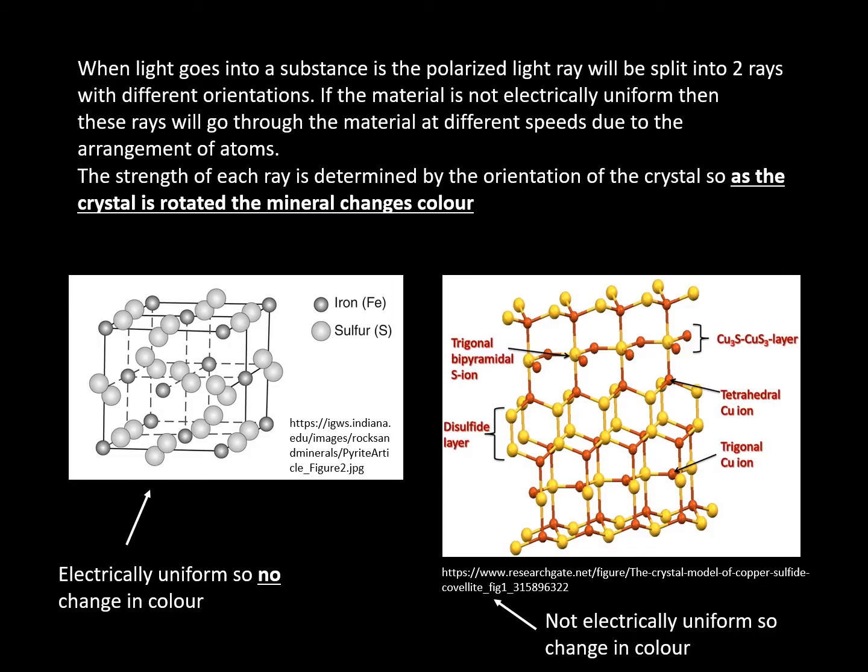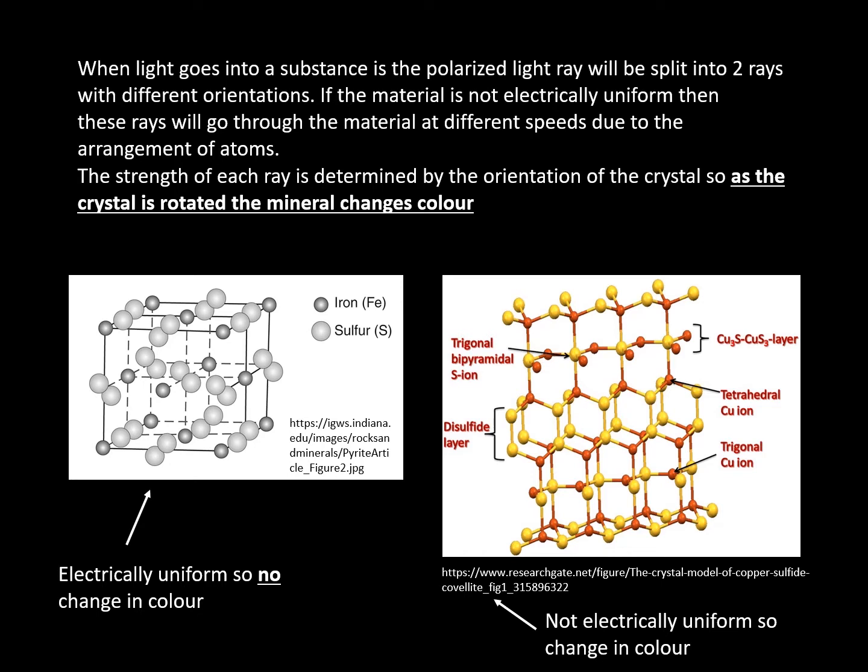When light goes into a substance, the polarized light will split into two rays with different orientations. And if the material is not electrically uniform, like our covellite here, then these rays will go through the material at different speeds due to the arrangement of the atoms and the direction of those waves. The strength of each ray will be determined by the orientation of the crystal.